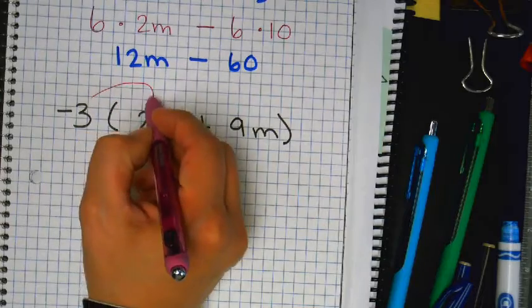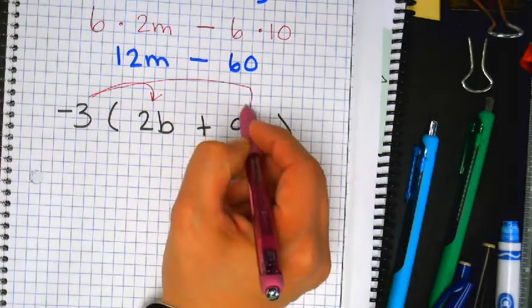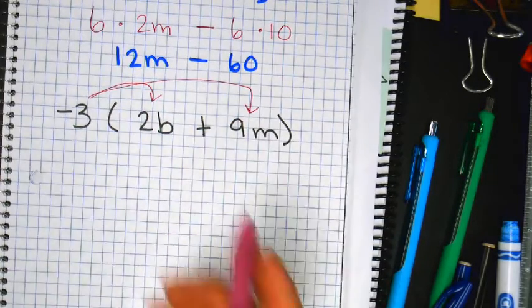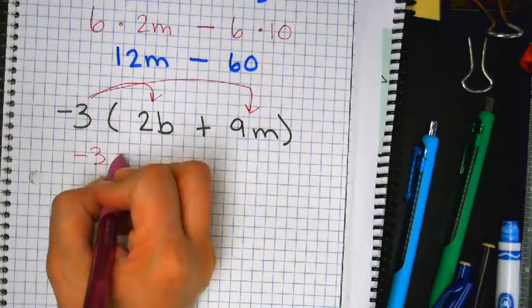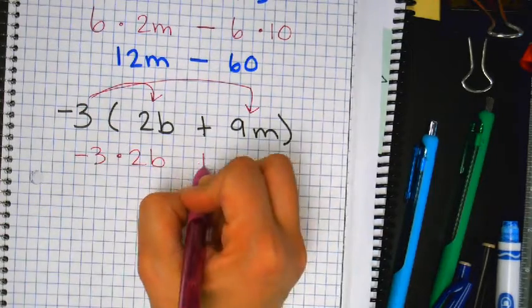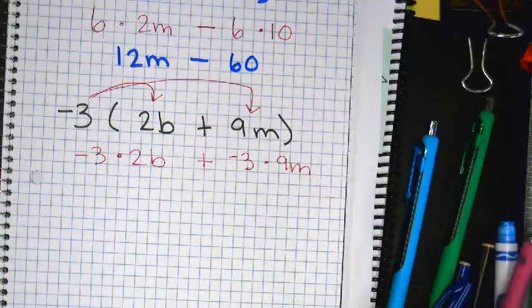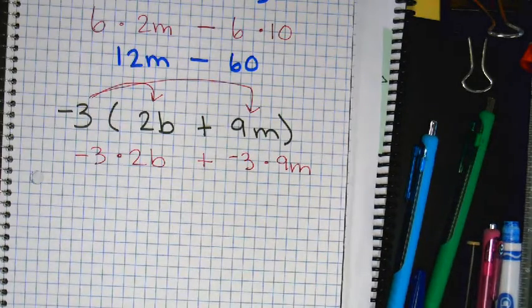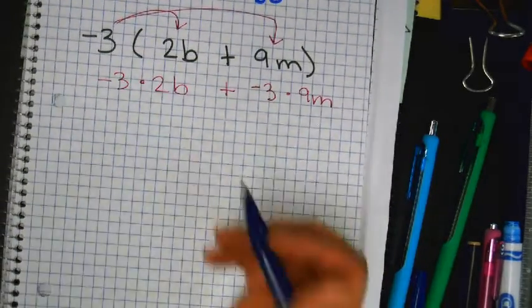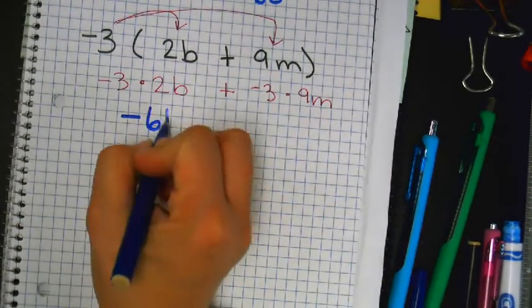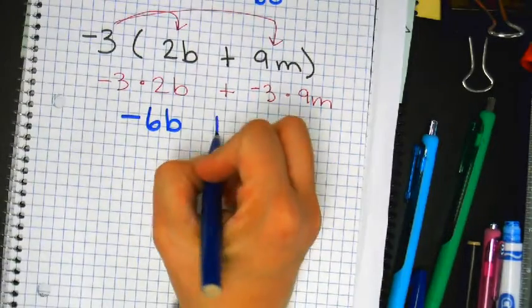So, negative 3 times 2b plus negative 3 times 9m. So what's negative 3 times 2b? I thought it was 6. No. Negative 6b. Plus negative 27m.